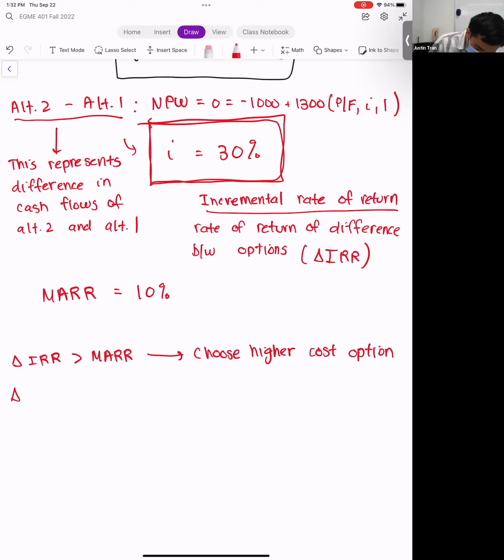And then the other case, if the delta IRR is less than or equal to the MARR, and it doesn't really matter, but very rarely do you get a case where you get equal interest rates, then you're going to choose the lower cost option.